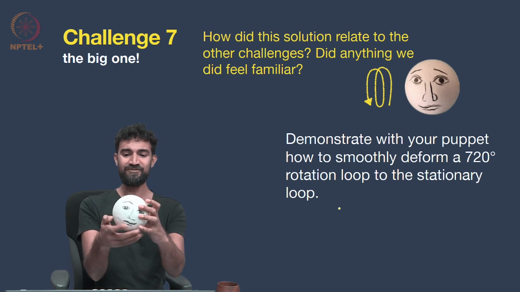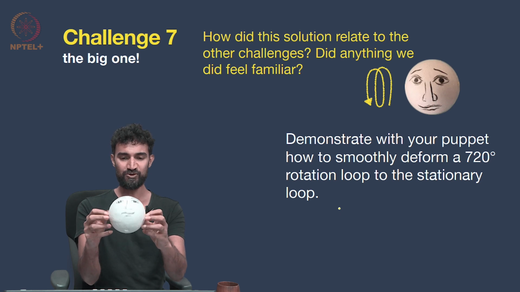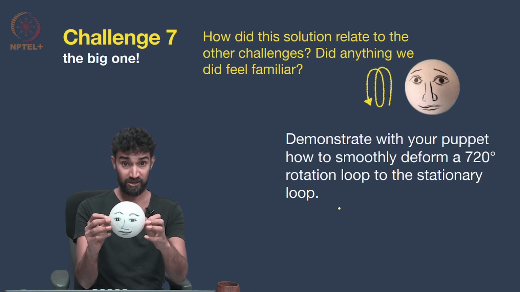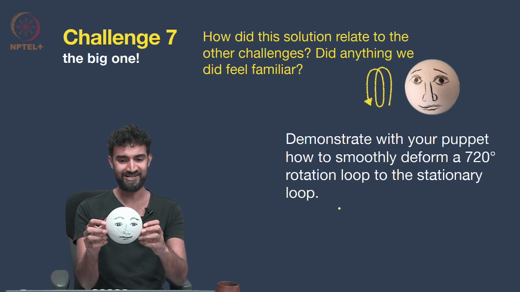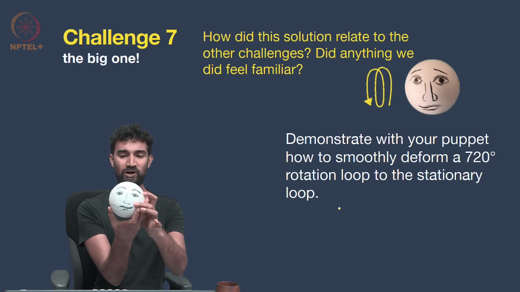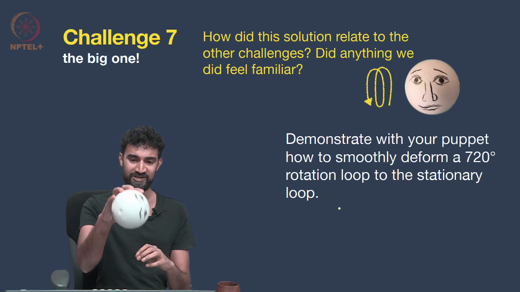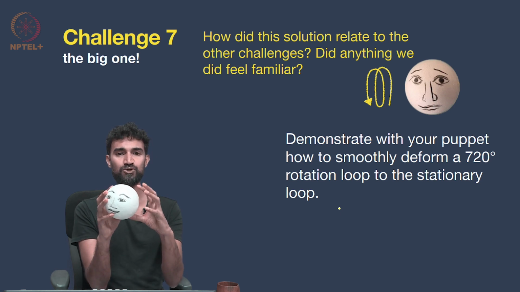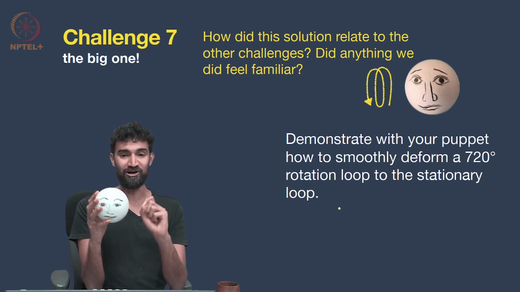In some sense, this 720-degree loop is with respect to the y-axis, but it's two 360-degree loops concatenated with respect to the y-axis. And as we start creating this figure 8 movement, we're actually pulling those two loops apart, pulling the axes apart.